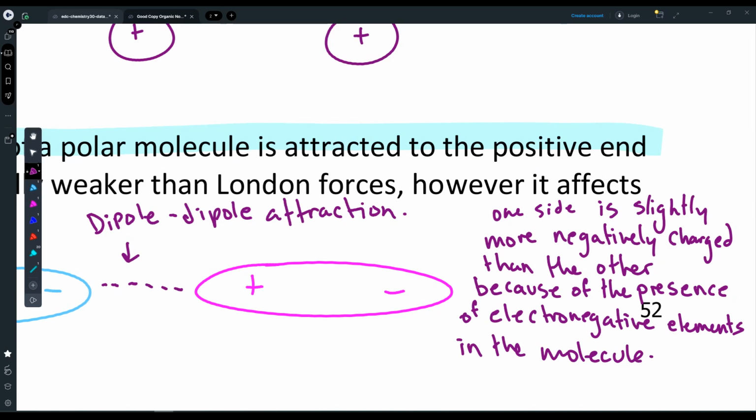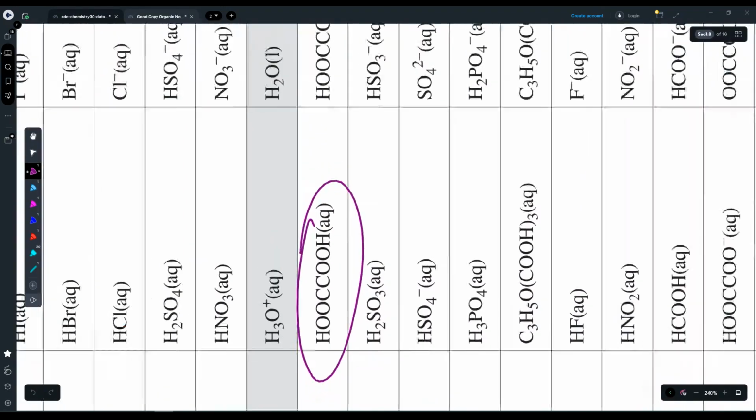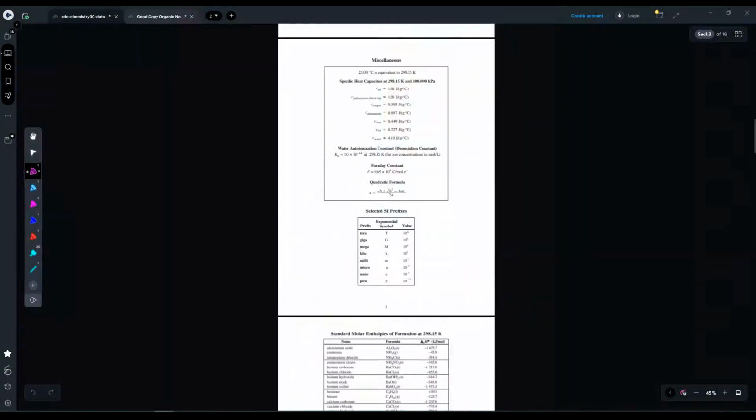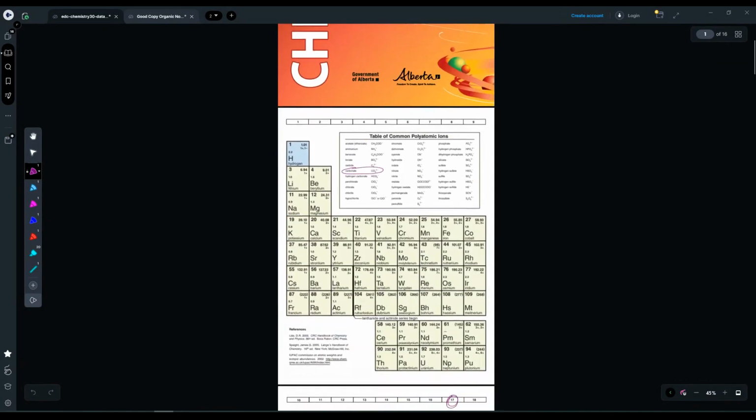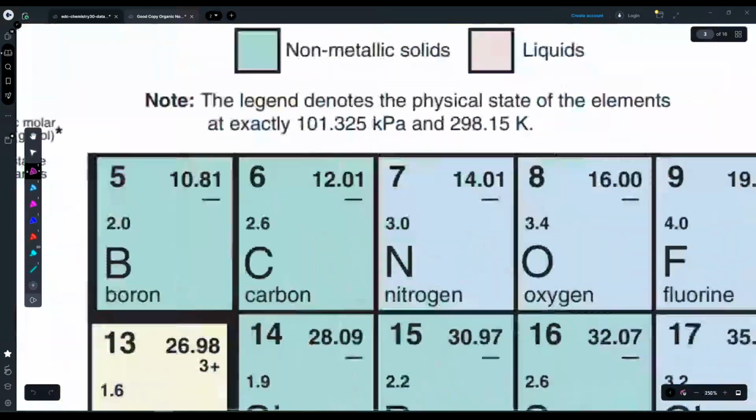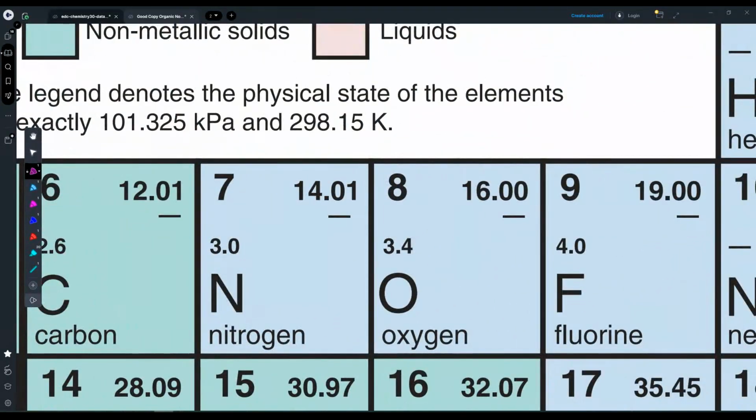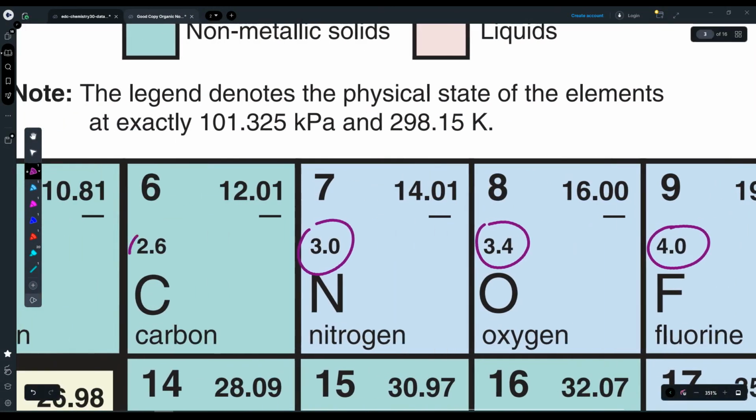If you're wondering what electronegative means, the word electronegativity just captures the ability of an atom to draw electrons to itself. How you determine whether an atom is highly electronegative or not is you take a look at your periodic table, and for this version, the electronegativity values are just above the symbols for each element.